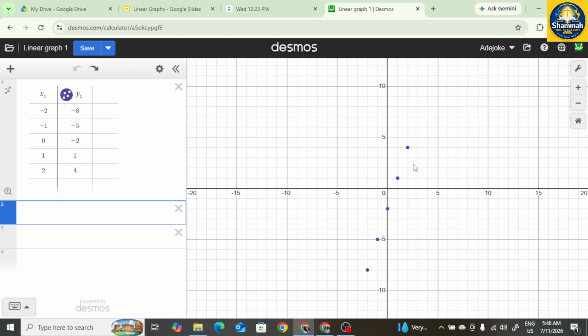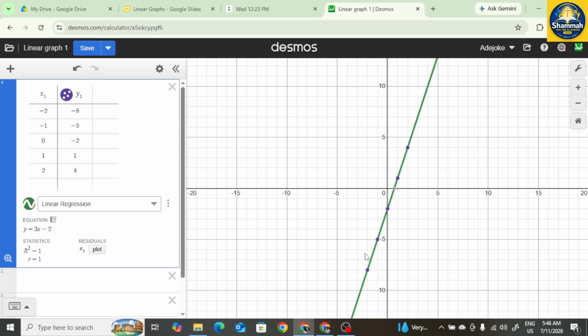Now, let's apply a parallel line to this other graph that we plotted, the graph for y equals 3x plus 2. Now look at the initial table of values. Look at the points where we used our line to join the points.